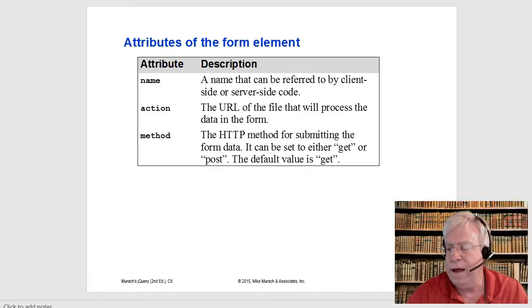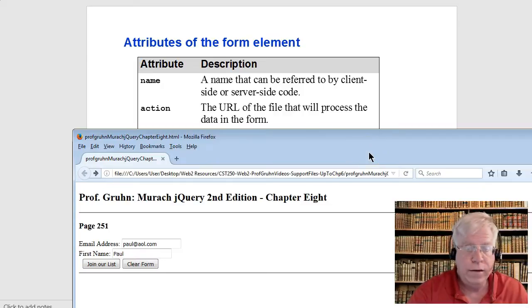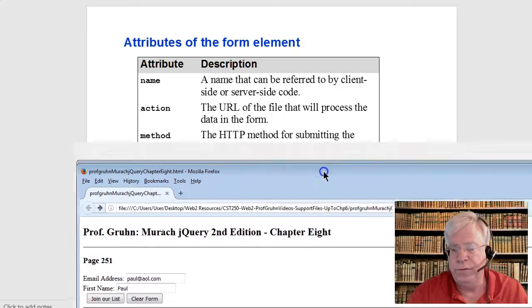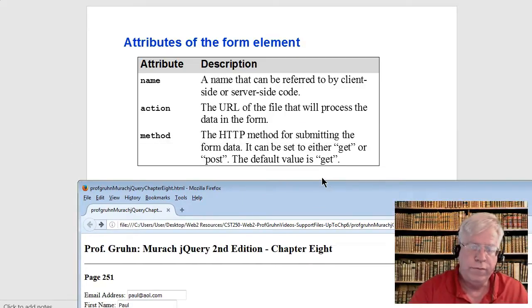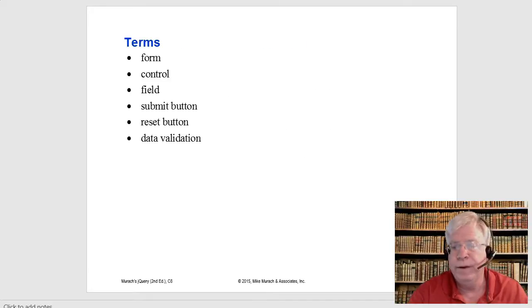And then the method: how do you want to get the data there? Either through a get, which is not as secure, or a post, which is more secure. How you transfer the data to the PHP program that's getting called matters, because that program has to know how it's coming so that it will get changed.